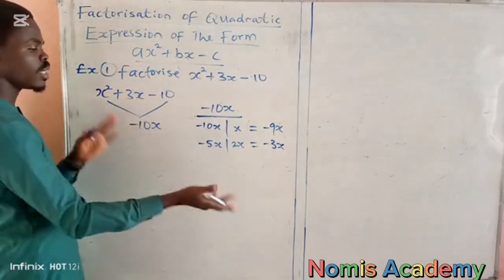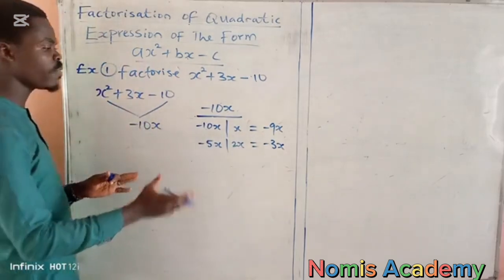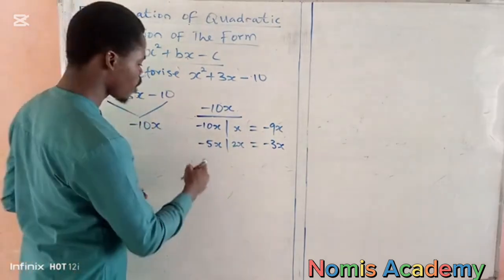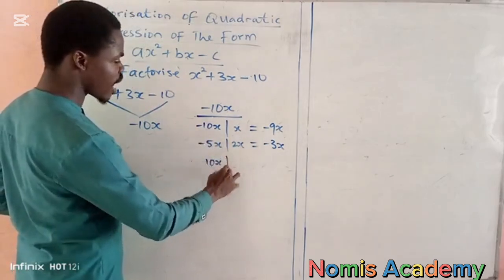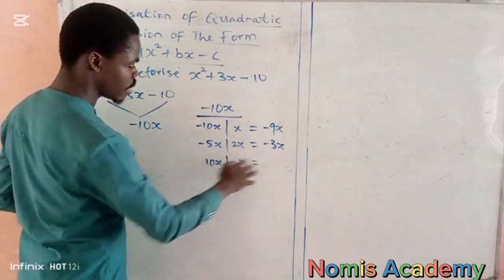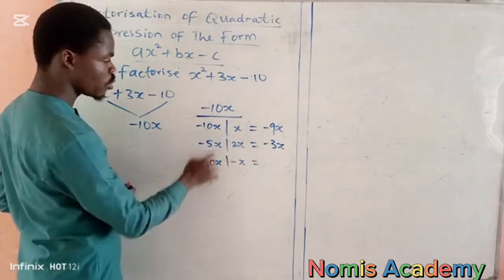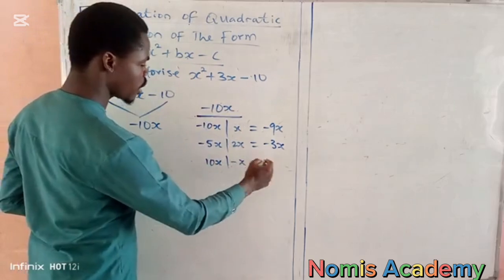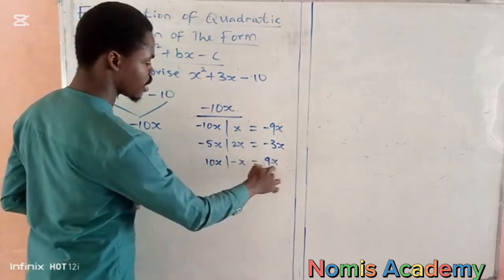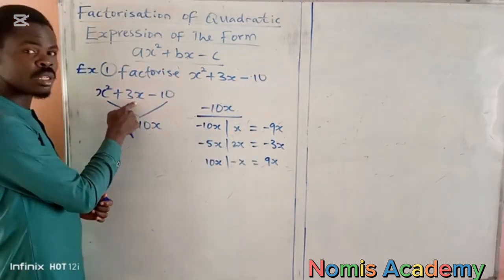So we go to negate the other sign to see if we can get 3x. So let's negate the sign. When we have 10x and minus x, remember the product will give us minus 10x². So the sum here will give us 9x, different from what we are looking for.